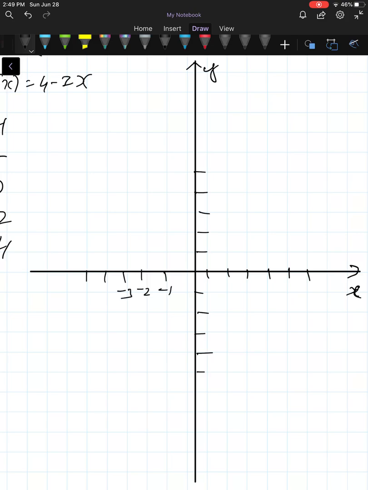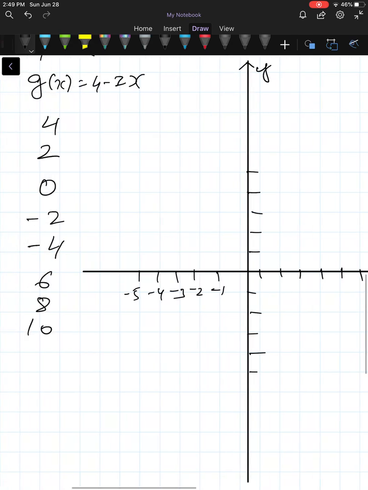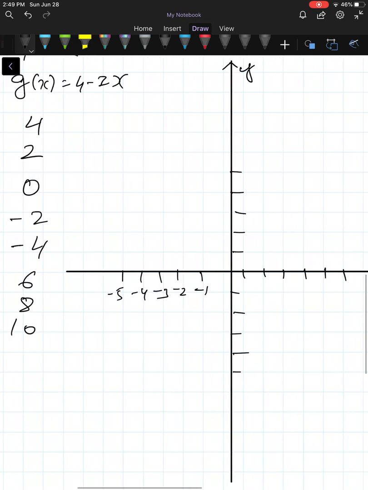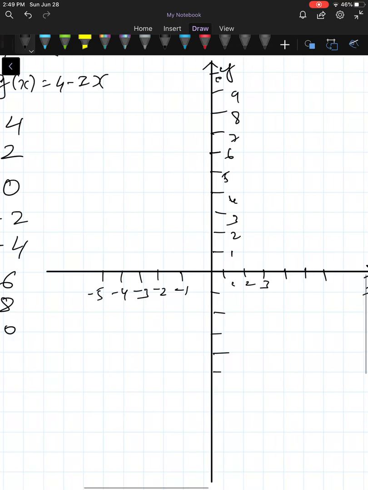So these are negative values, but I think on the positive side I need 10 values. So I have just 5 6 7 8 9 10. Okay, 1 2 3 4 5 6 7 8 9 10. Okay, and 1 2 3 4 5 6, -1 -2 -3 -4 -5.